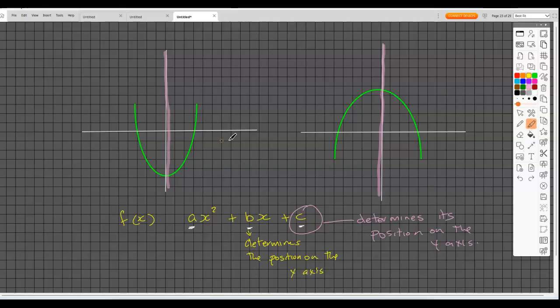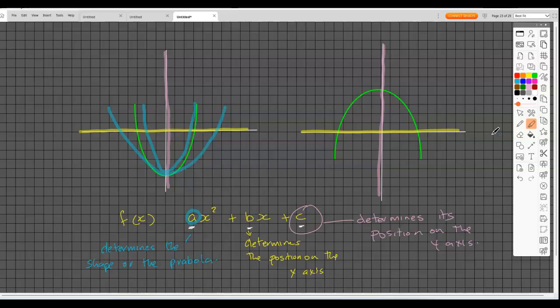That means where its roots are here on the x-axis, and A determines the shape of the parabola. That means it determines if it's going to be like that or if it's going to be very wide.